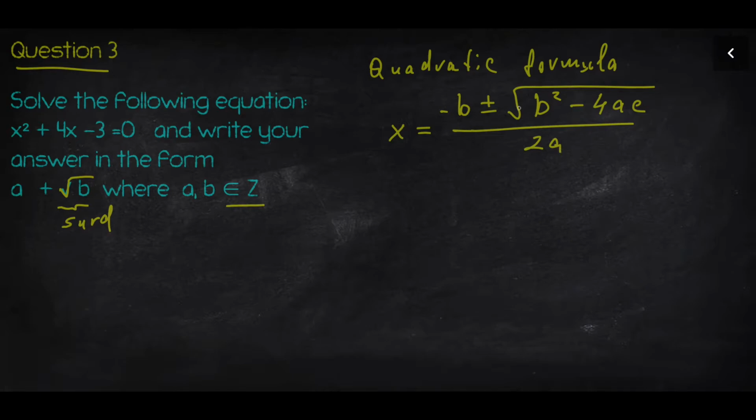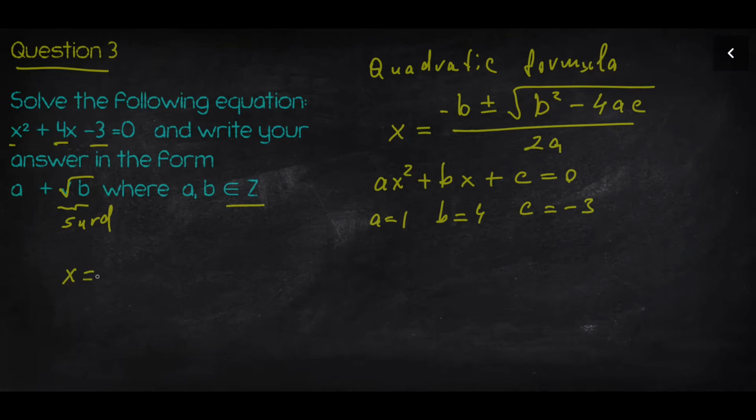What stands for a, b, and c? This is the general form ax squared plus bx plus c equals 0, the standard form of quadratic equations. We just need to compare term by term, finding the coefficients. So coefficient a is 1, coefficient b is 4, and coefficient c is negative 3. We're just going to plug into this formula in order to find the x values.